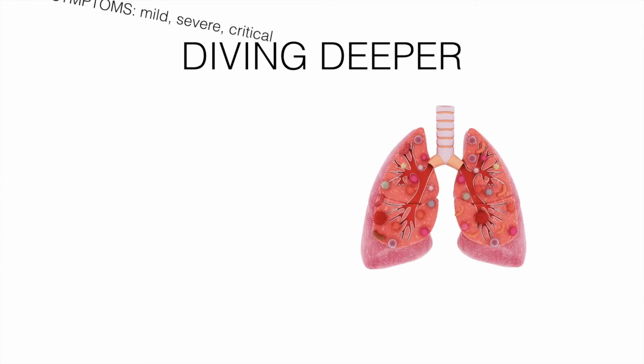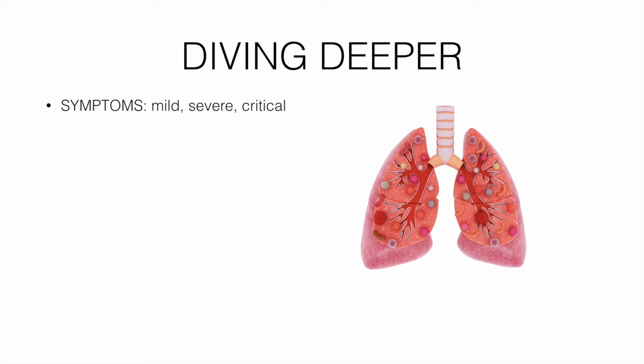So diving deeper into this virus, we have been hearing a lot about what this virus is capable of, what we're seeing, what we're not seeing, etc. So I'm just going to break it down a little bit. I'm not going to get into too many details, but just enough so that you can have a bit more understanding.